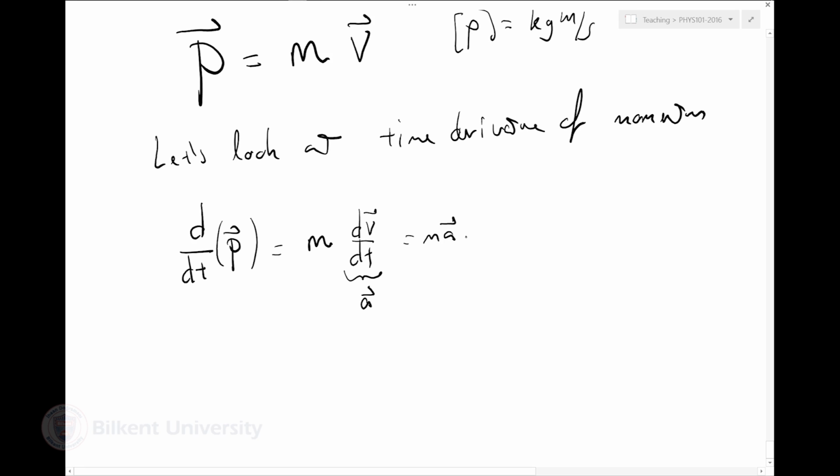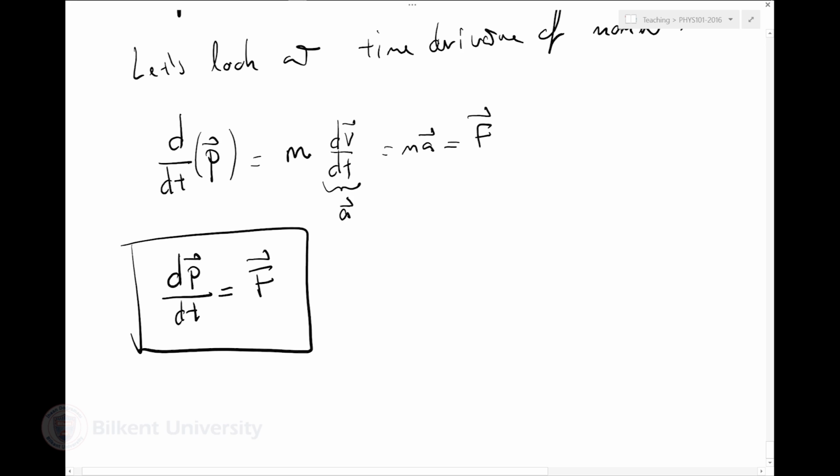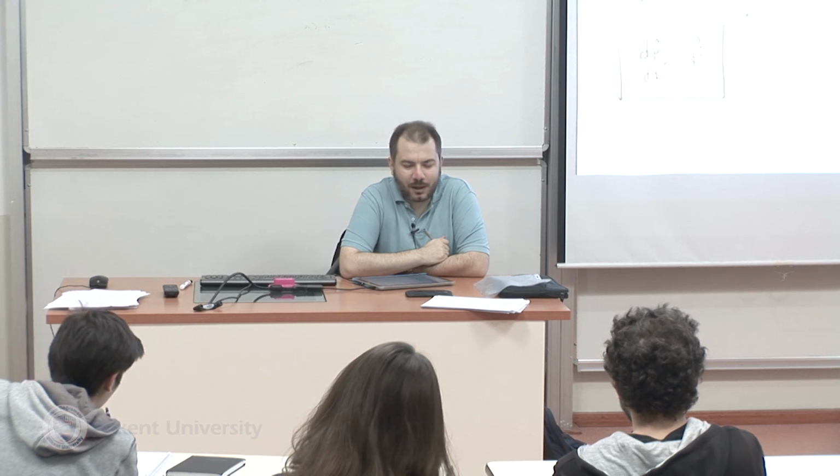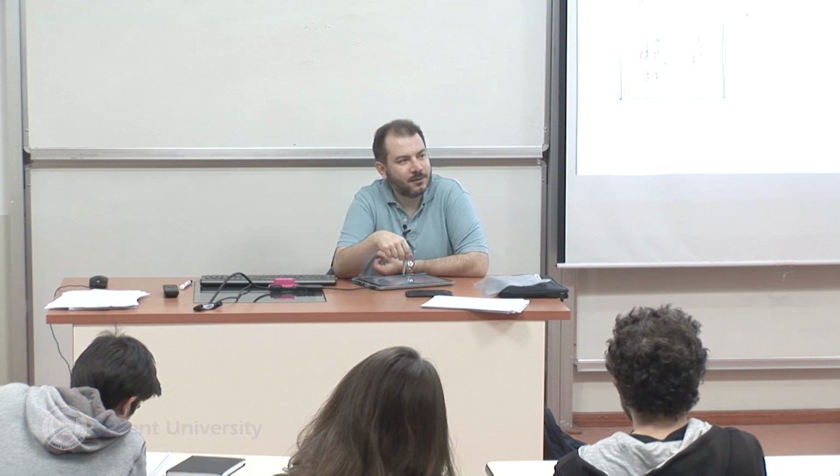Newton's second law tells me F. So maybe I can rewrite Newton's second law as saying dp/dt is F. So force is the change in momentum. And why is this useful? I will claim that this is actually a little bit more general than F equals ma.